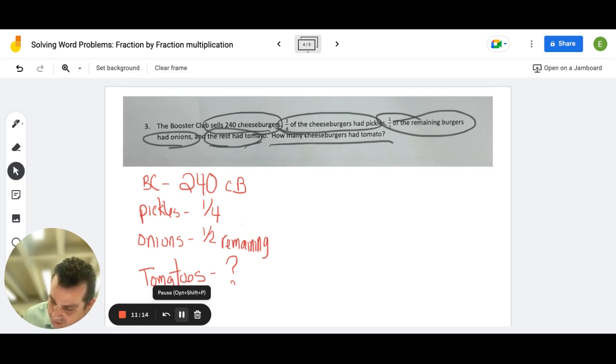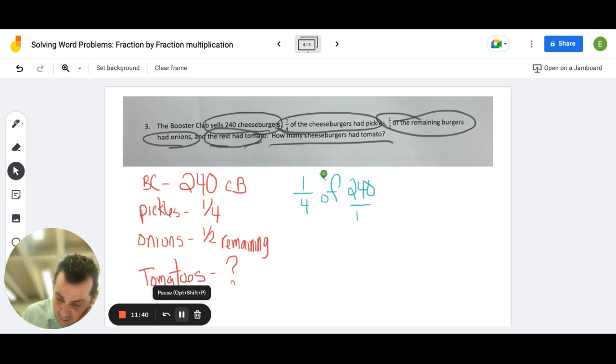So I have to do 1/4 of the 240. Well, we know our basic facts here, right? However you look at it, you're going to be doing 240 divided by 4.